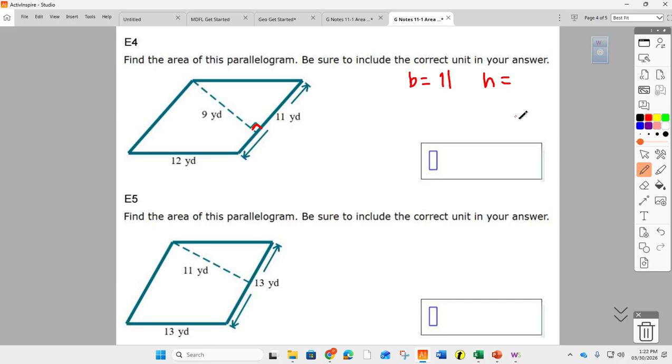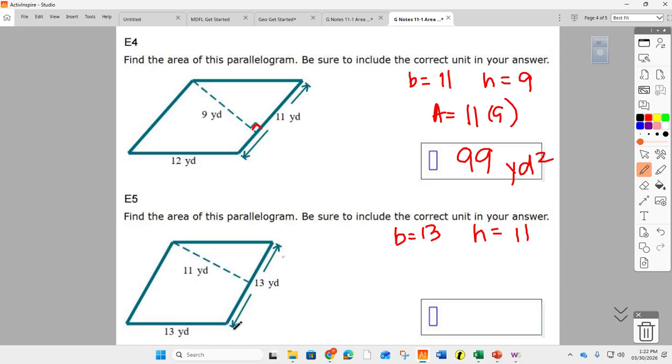So then what is the height, Yuri? Yeah. So once we've identified the base and height, plug into the formula. Easy peasy, pumpkin squeezy. 99 square yards. Okay. Base equals 13. Good. Height equals 11. Perfect.